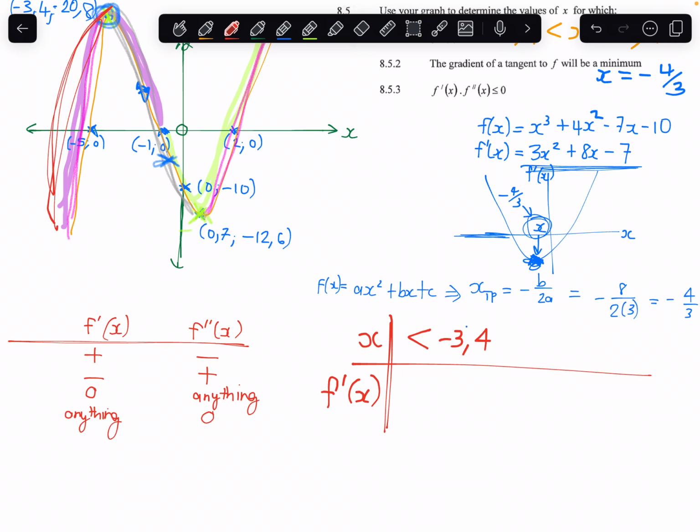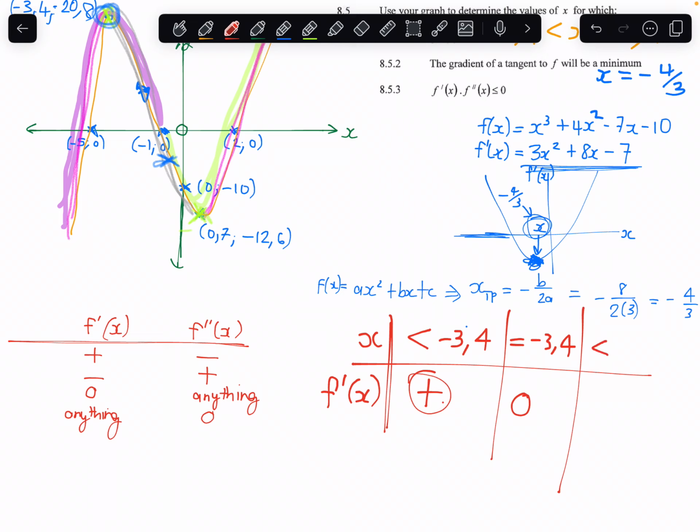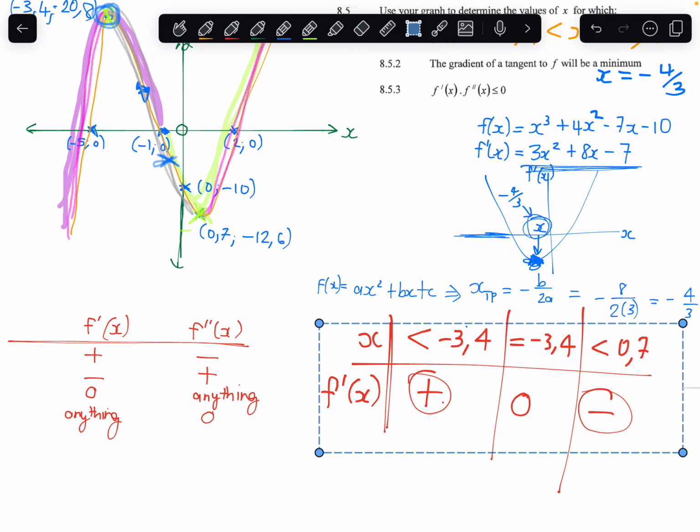So that's this part of the graph. Or let's just stick with how I've been writing it. So it's positive, right? And then when x is equal to negative 3,4, then we know that f prime is 0 because that's where the turning point is. And then from there, as long as it's smaller than 0,7, our gradient is negative. Okay, wait. Trying to shrink things again.